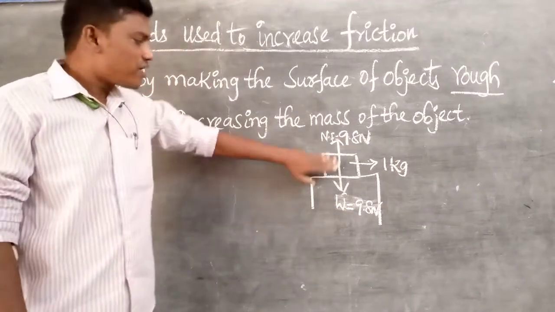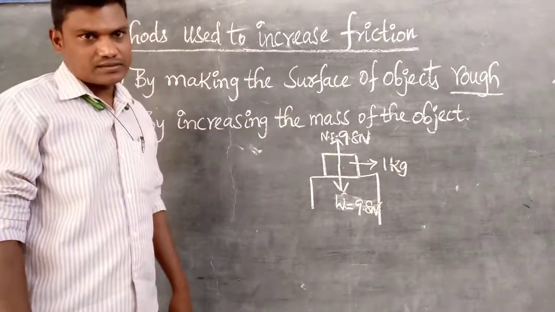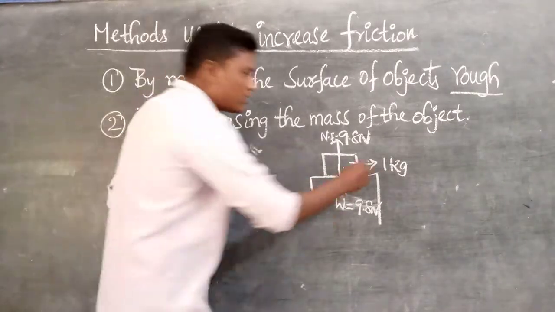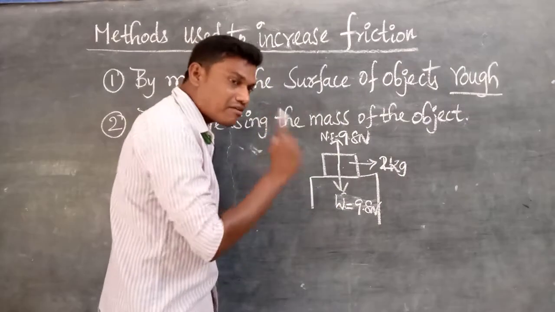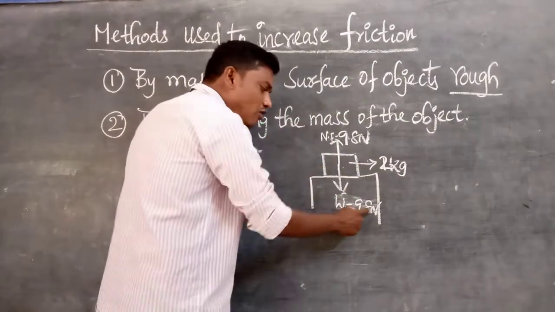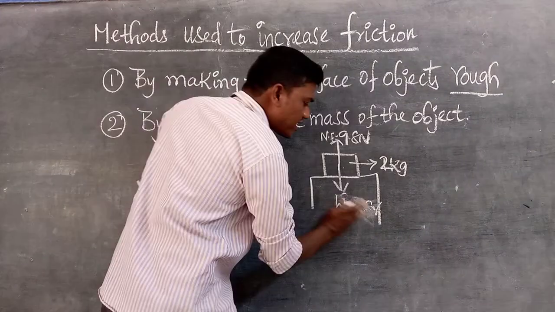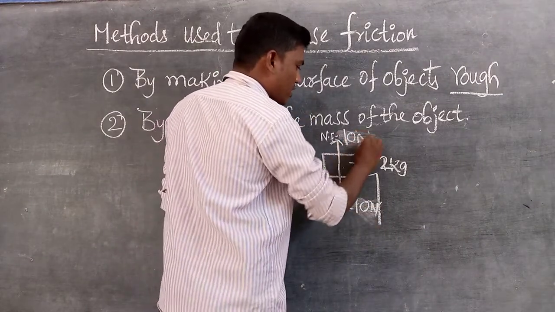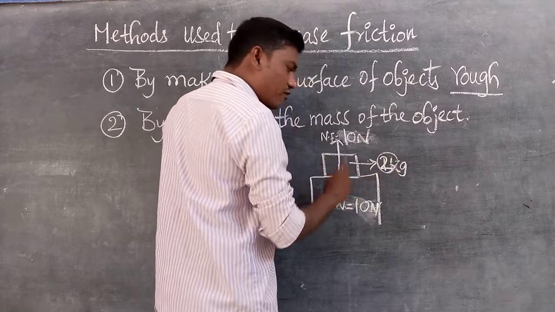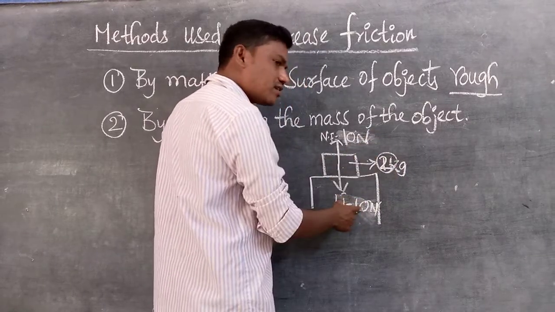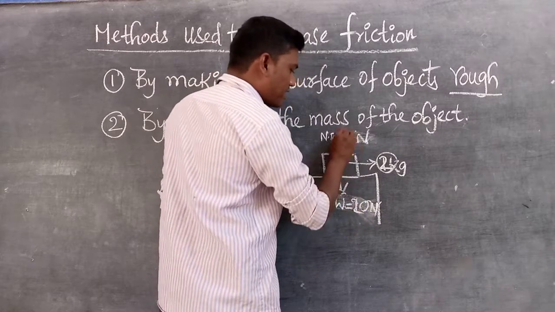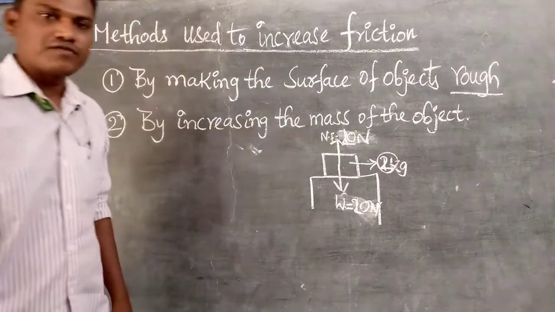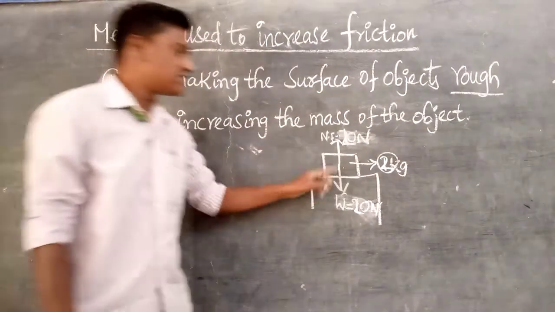Now we can increase the mass of the object. Initially we take 1 kg, next we take 2 kg. On every 1 kg of mass, 9.8 newton acts. For simplicity, you can take it as 10 newton. So for a 2 kg body, 1 kg is 10 newton, 2 kg is 20 newton. If the gravitational force increases, automatically the normal force also increases from the rigid surface.